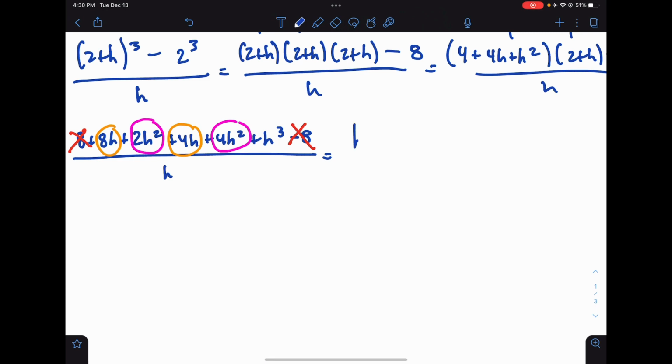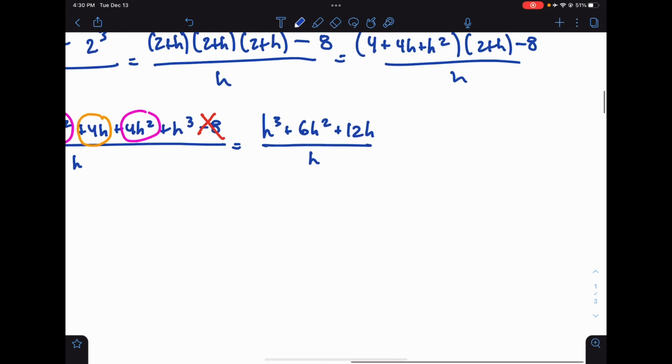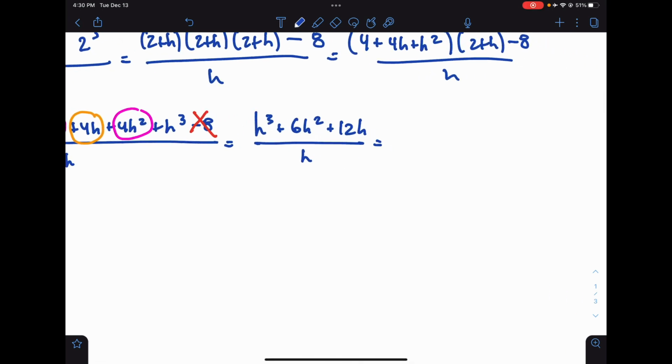So we have h cubed plus 6h squared plus 12h over h. Now we just divide by h essentially everything here. So we have h squared plus 6h plus 12, which is our final answer.